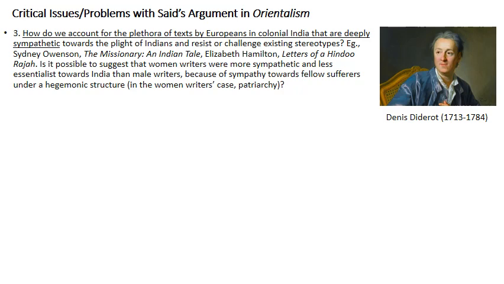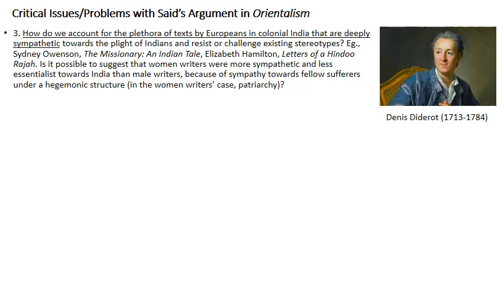Okay, so when Said says something like all Western writers have negatively stereotyped the East in support of colonial rule or material hegemony, the 18th century largely proves him wrong in some ways. There is a rich field of writing which does not display this 19th century attitude.